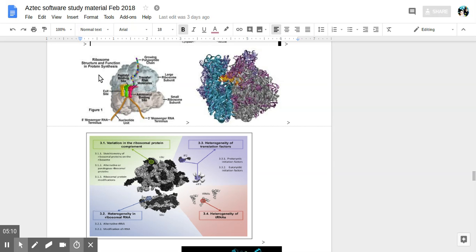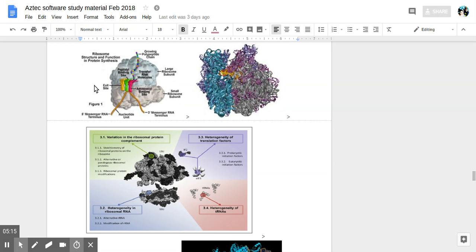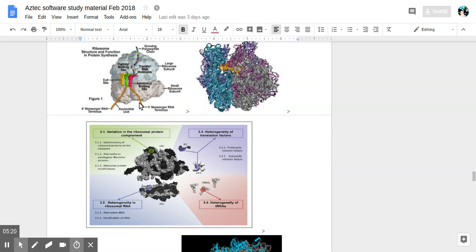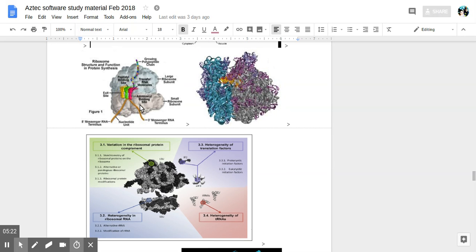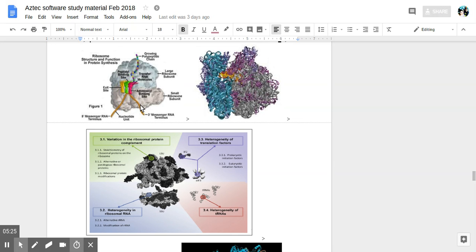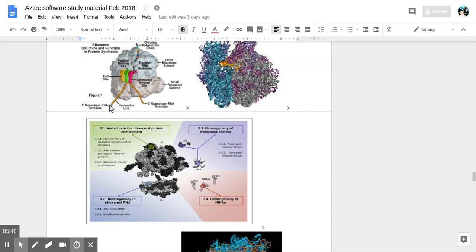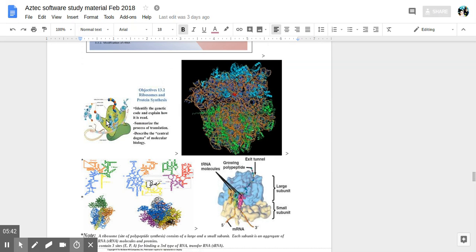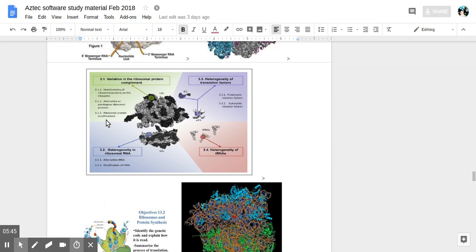In the ribosomal structure, you have a small subunit of the ribosome and a large one, and the mRNA chain, which is transcribed off the DNA chain, leaves the nucleus and goes on to the ribosome. This is where protein synthesis occurs with the help of the tRNA, bringing amino acids and making a polypeptide chain.